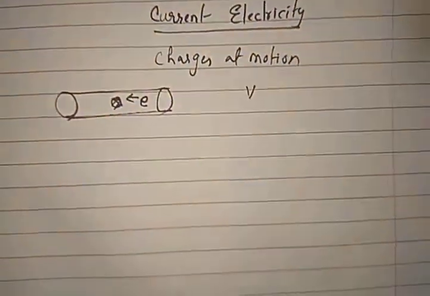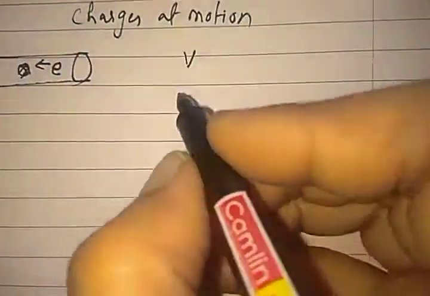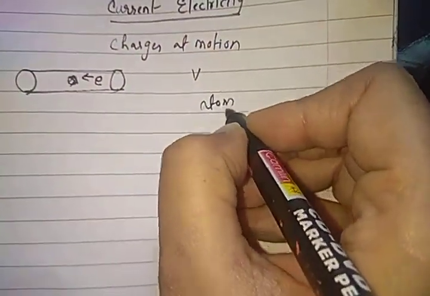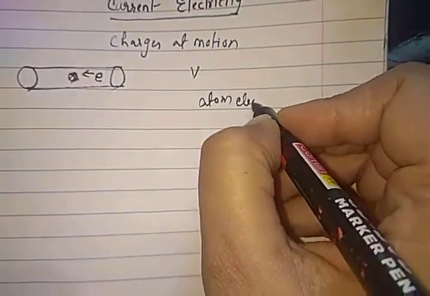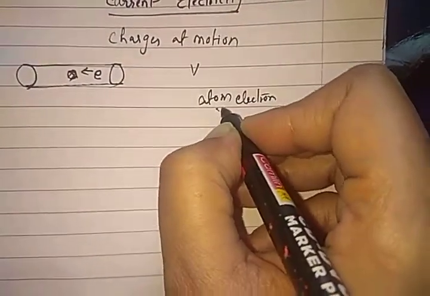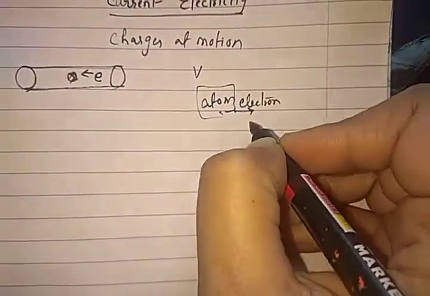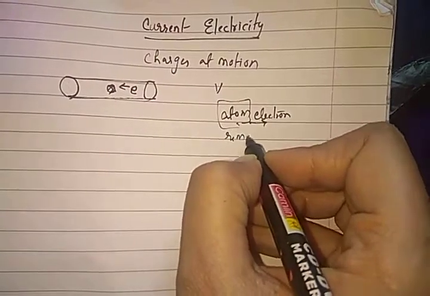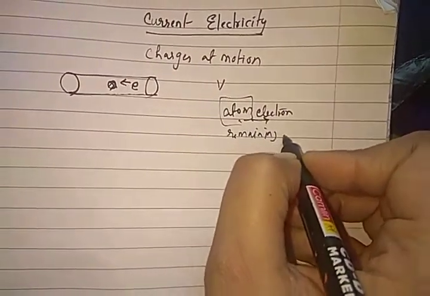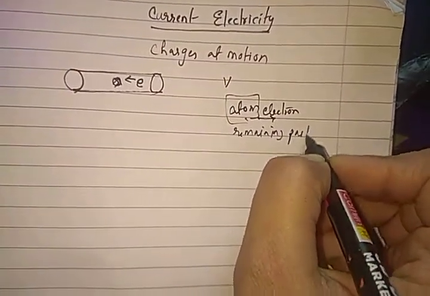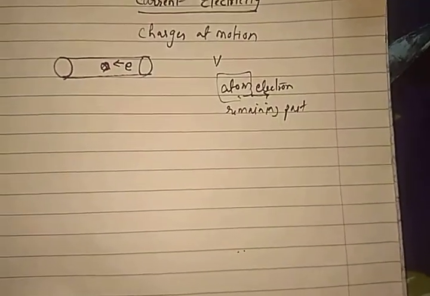Now do you know what a kernel is? When an electron is taken out from an atom, the remaining part of the atom is known as the kernel. Now what will happen with this kernel?